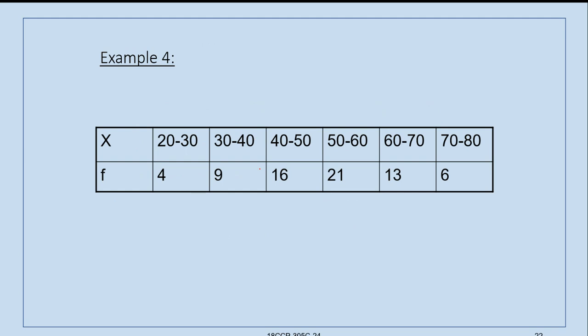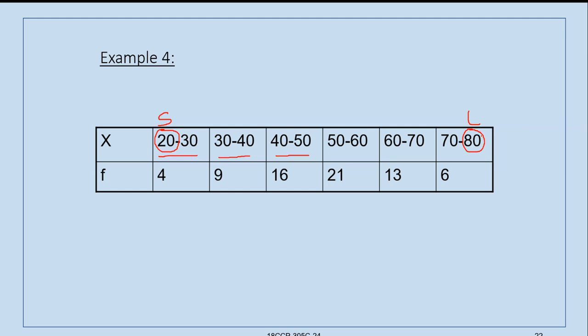So, the class intervals are given like this: 20 to 30, 30 to 40, 40 to 50, and so on. Here, in all the numbers, 20 is the lowest, that is S, and 80 is the highest, that is L. Right?